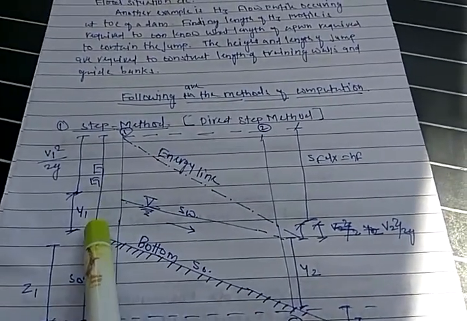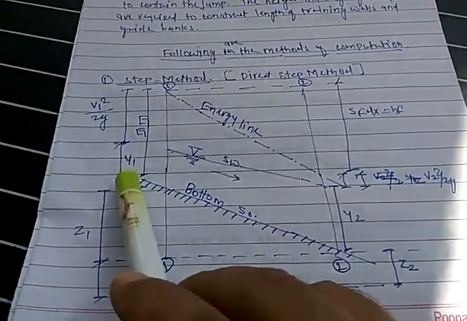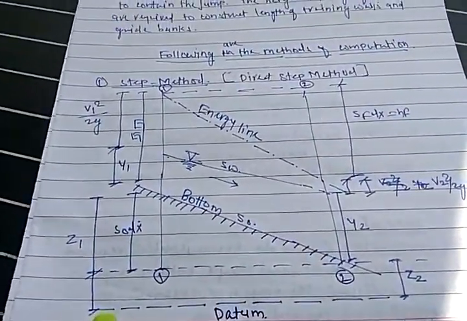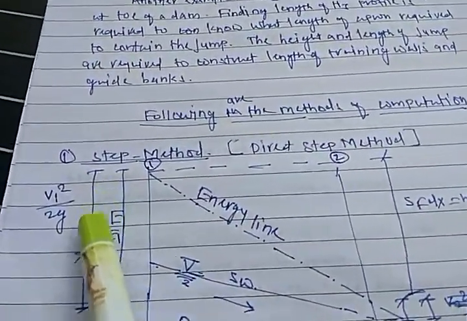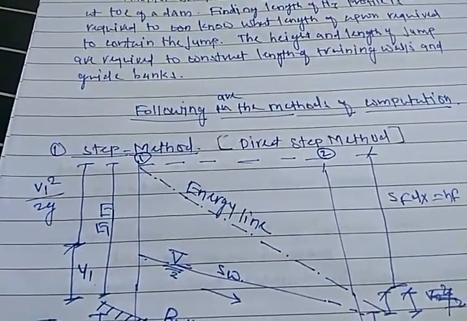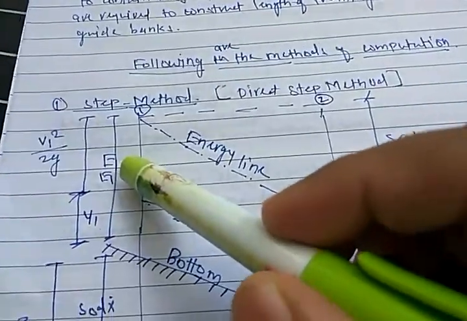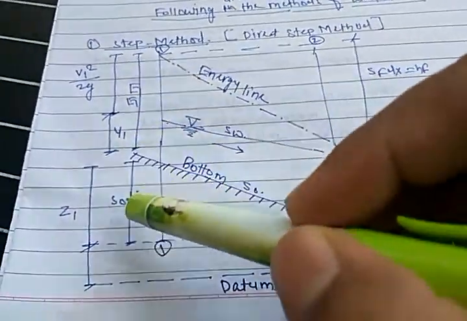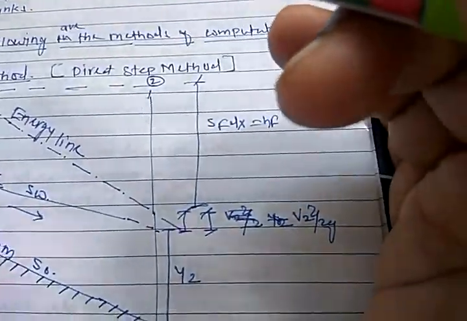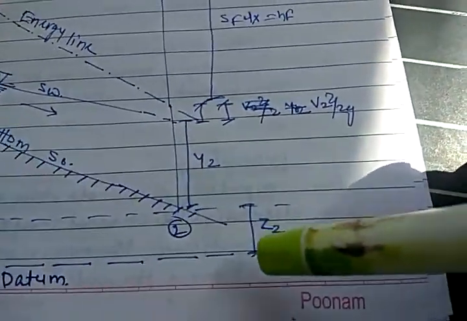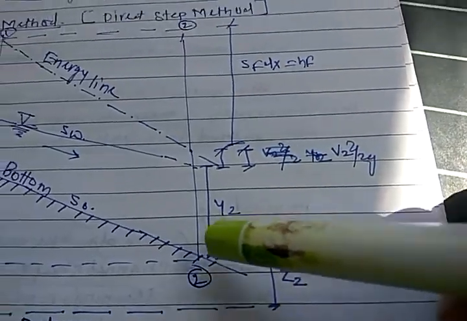At section 1, depth of water is y1, datum head is z1, and velocity head is v square by 2g. This v square by 2g plus y1 combined is called E1, and this is z1. On the section 2 side, this is z2 datum head, this is y2 depth of water.